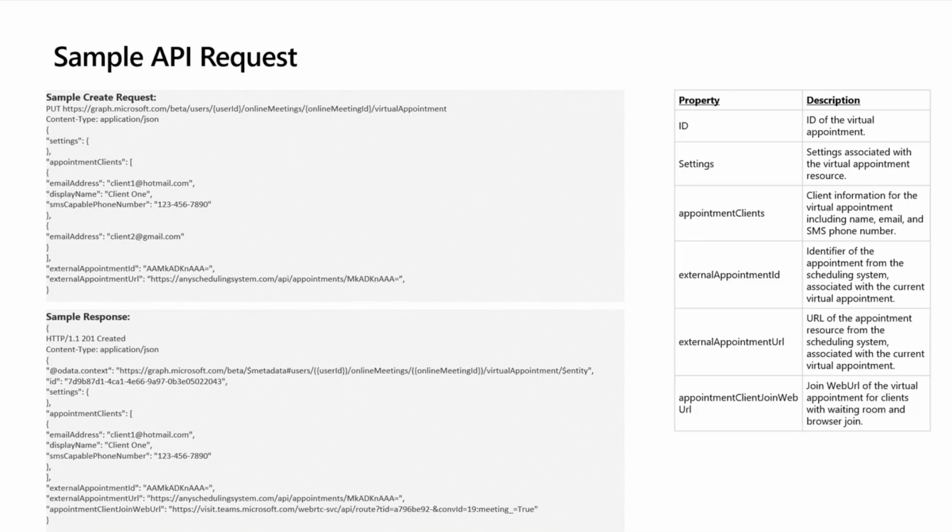There'll be more information in the documentation, but you can store the client, that end consumer in the B2C, like the patient in the telehealth scenario. You can store their name, their email, and their phone number. We also have properties to store the external appointment ID and the URL of that external scheduling system to capture that resource.